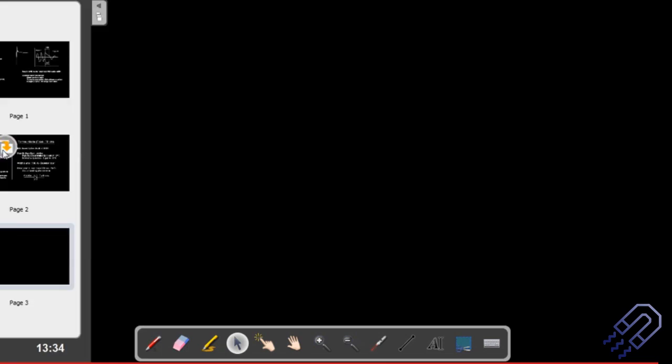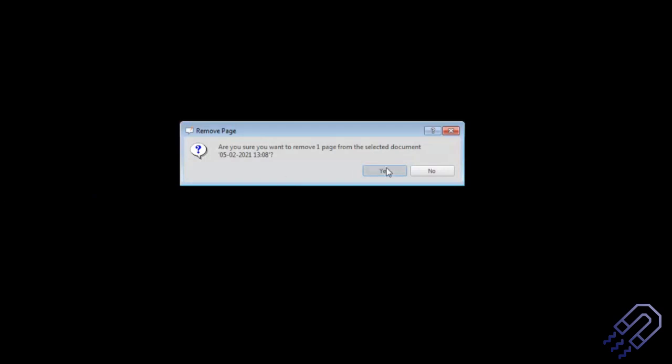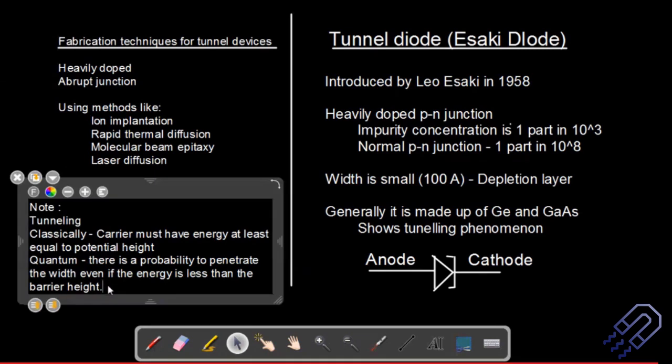Normally you give the voltage so that the electron can overcome the barrier, so I have to give it sufficient energy. But here we are not doing that. What we are doing is basically relying on the tunneling effect.